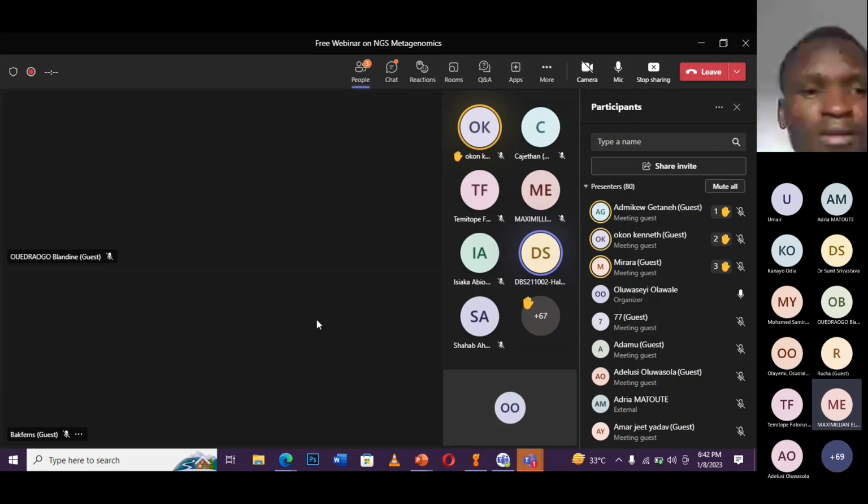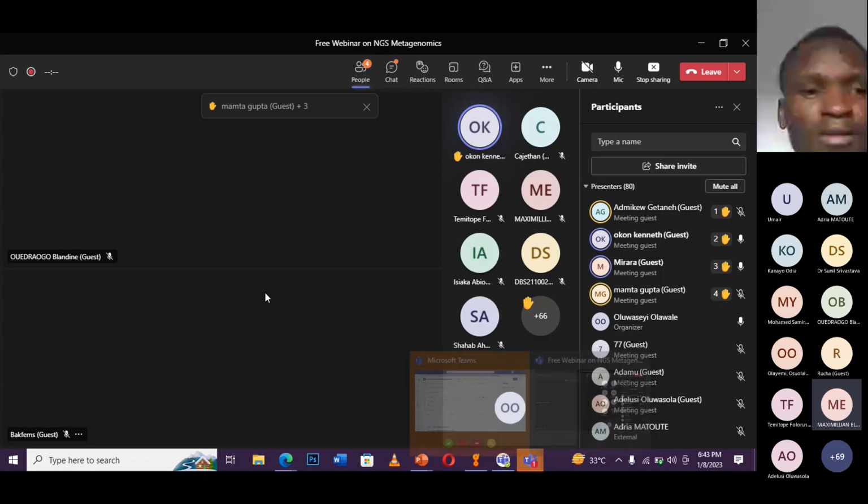I'm working on a biocontrol agent against a fungal pathogen. My question is, can I use metagenomics to check the efficacy?